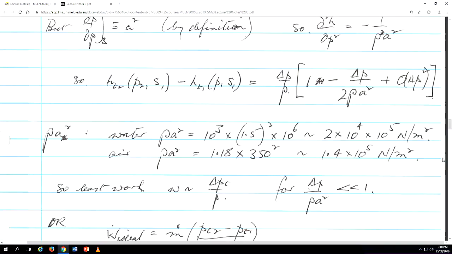So the least work is the change in the total pressure divided by rho, and that's this term here, and now we've got to worry about whether this term's significant or not.